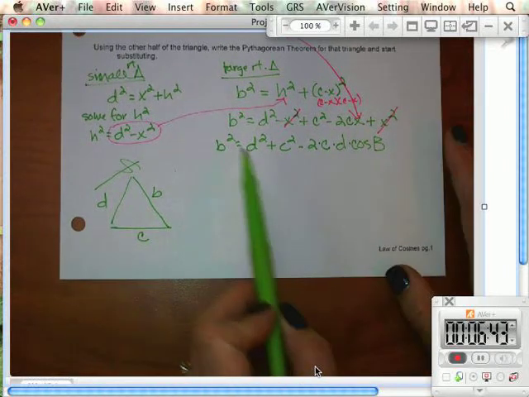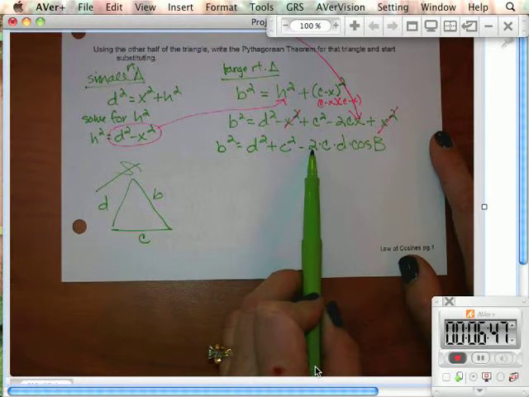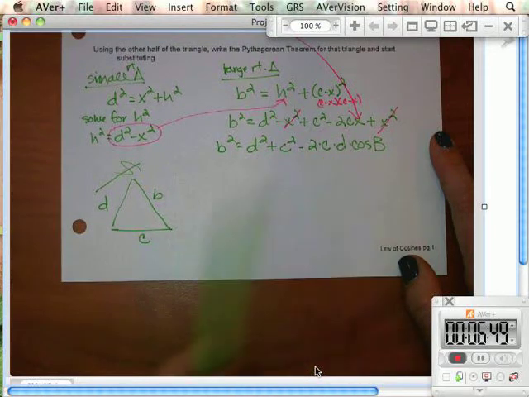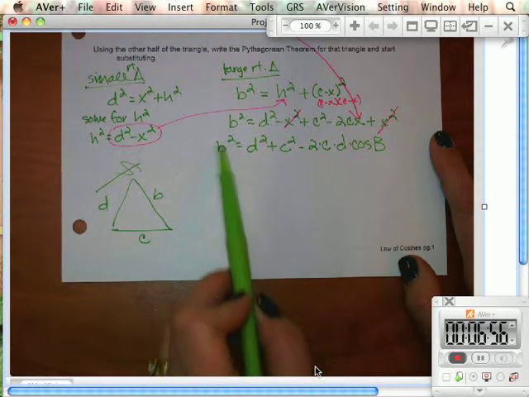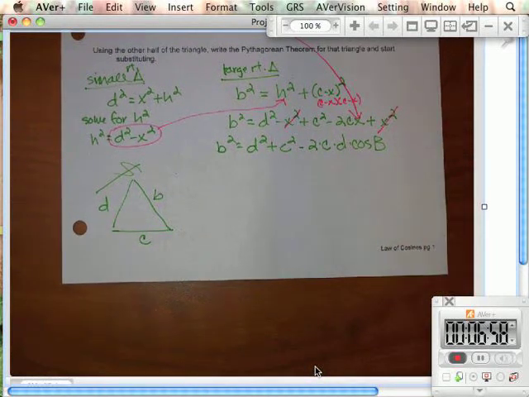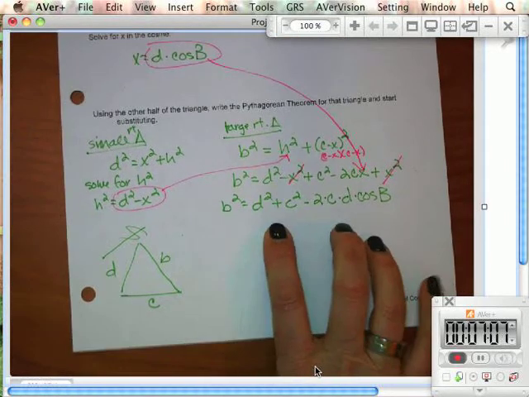We have the other two sides, D squared plus C squared minus 2C times D. That's all these two sides, right? And then you just multiply it by the cosine of the angle opposite the side you might be trying to find. It'll get really clear, okay? So this is all showing you how we get this. This is actually the law of cosines right here.